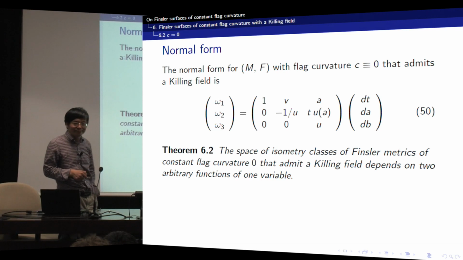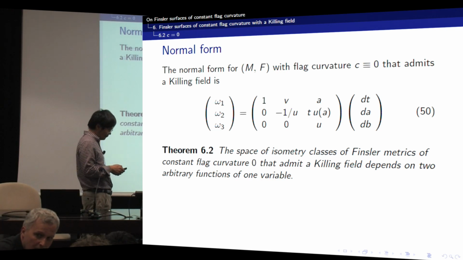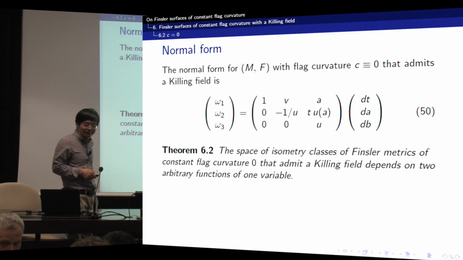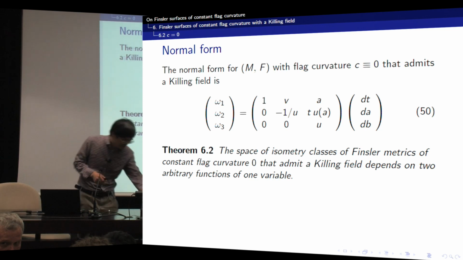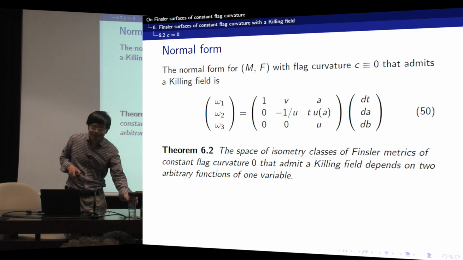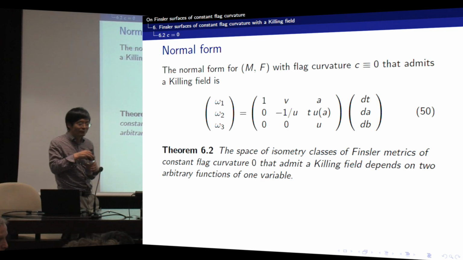Say again? I mean, if it has two Killing fields, try to do it on flat. Yeah, but I think so. These are the normal forms. He said it too fast, I'll have some water. So J or I should be non-zero.